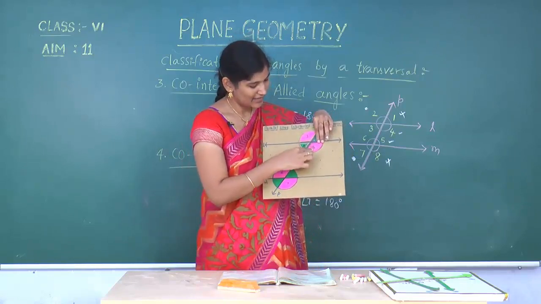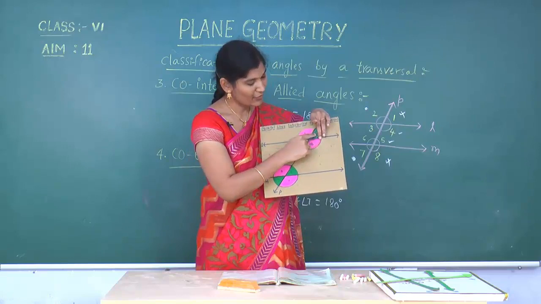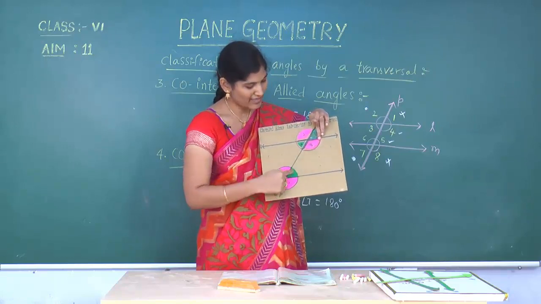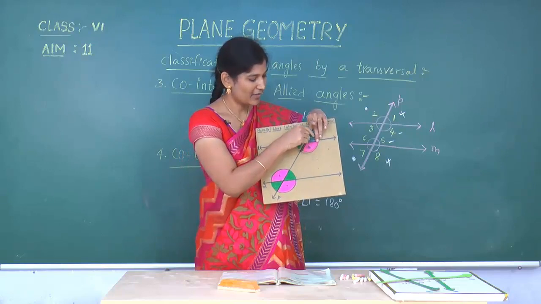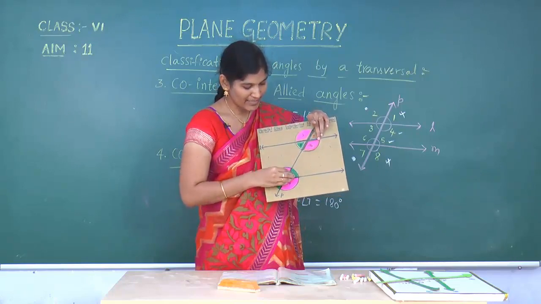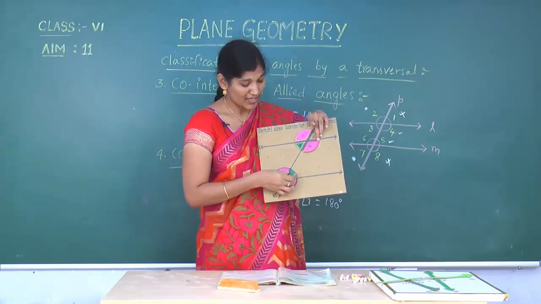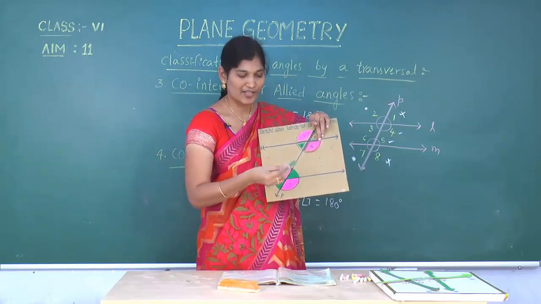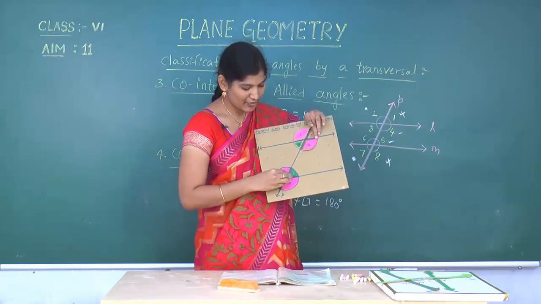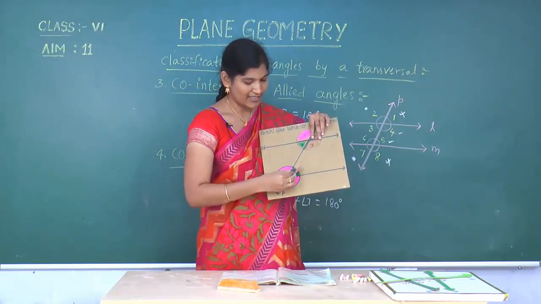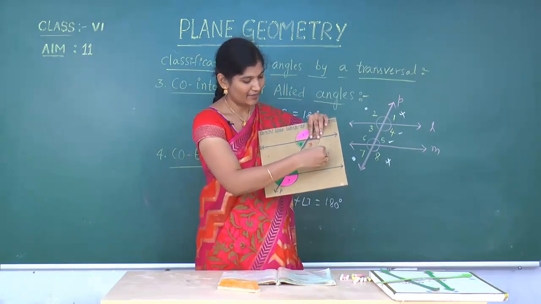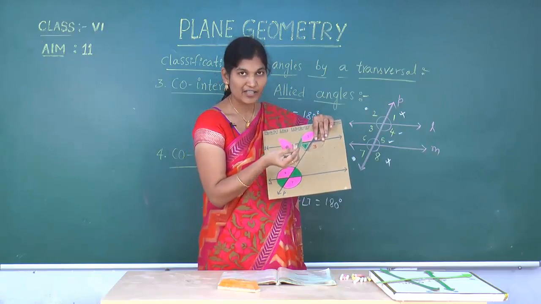See here, this 6 is equal to 2, no? Why? Because 2 and 6 are called corresponding angles. Now I am replacing this 6 by 2. So in the place of 6 I can take 2 also, and I am taking this 2 and taking out this 3. Here 3 and this 6. In the place of 6 I am taking this 2.